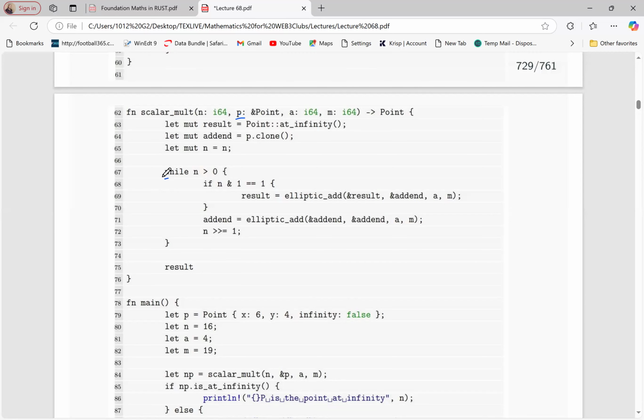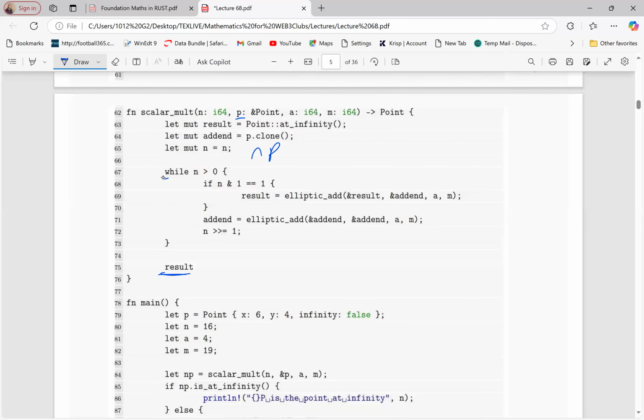Once we are done with the loop, we will get the result, and the result will be n times p.